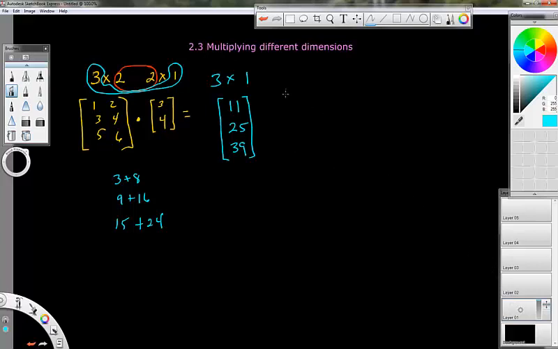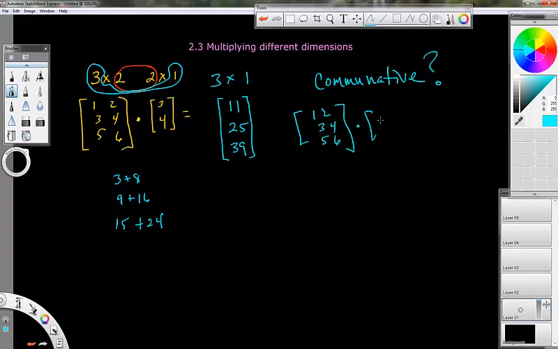If you're wondering, by the way, let's settle this rumor right now, is multiplying commutative? Well, let me prove to you that it is in fact not, because if I say 1, 2, 3, 4, 5, 6 times 3, 4, this is a 3 by 2 and a 2 by 1.